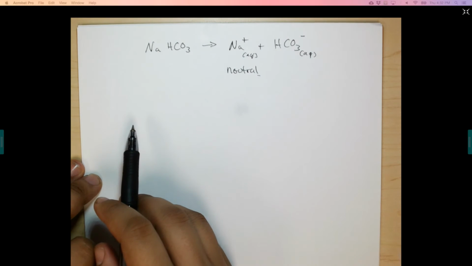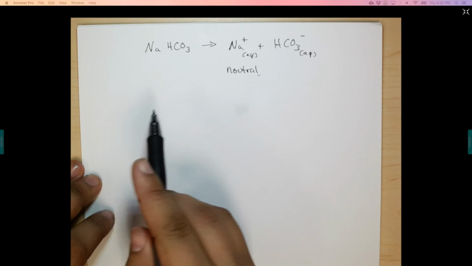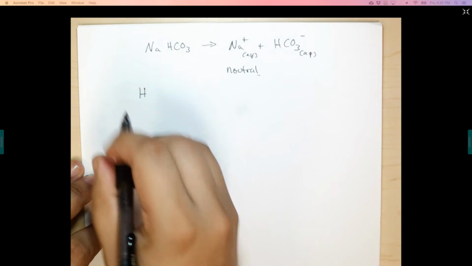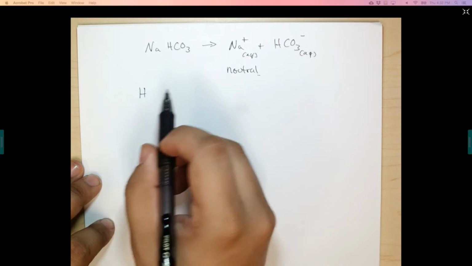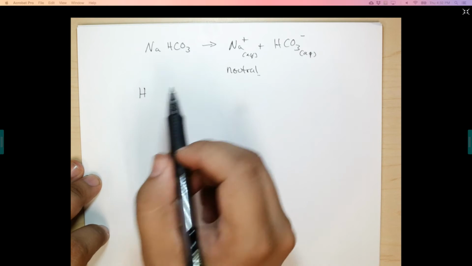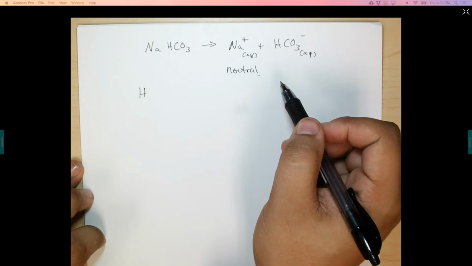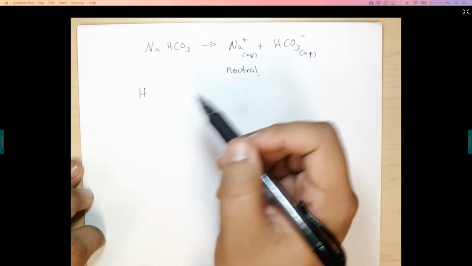So what do I mean? I mean that bicarbonate can undergo two chemical reactions. This is where we're talking about a polyprotic acid. When we're dealing with polyprotic acids, we have to remember that the forward reaction of acidity and the reverse reaction of being a base can both occur.